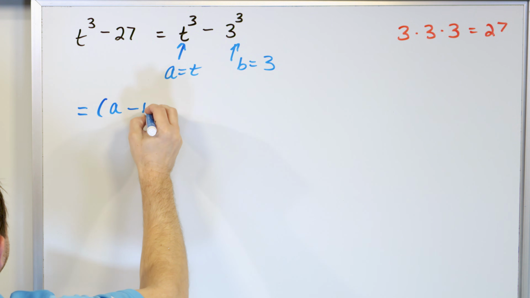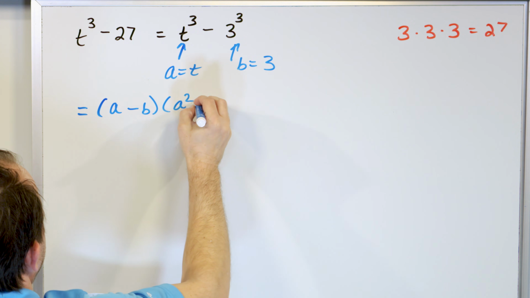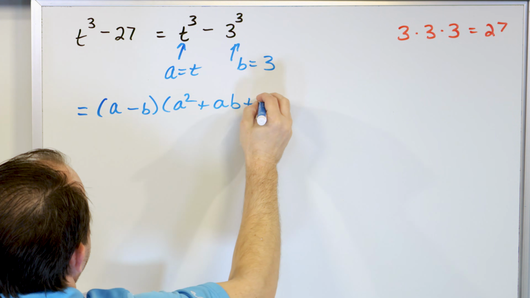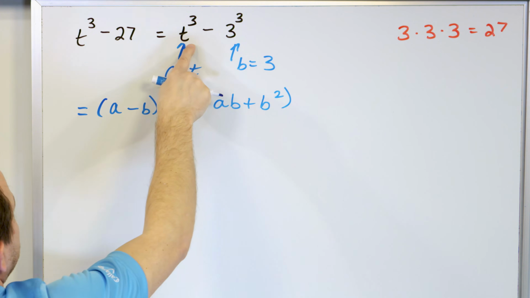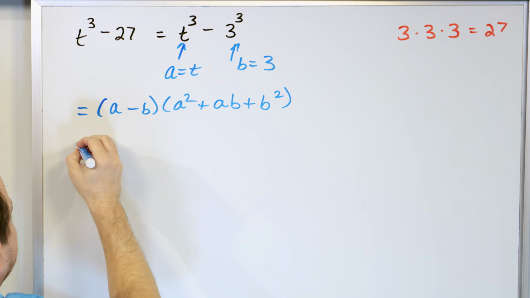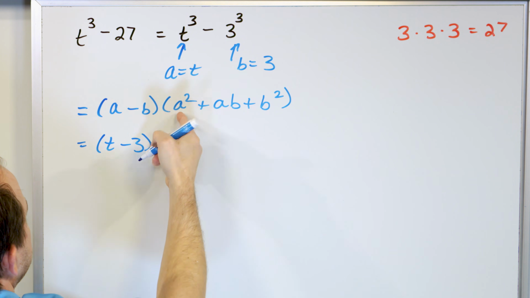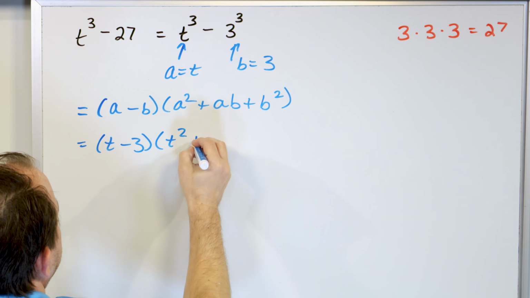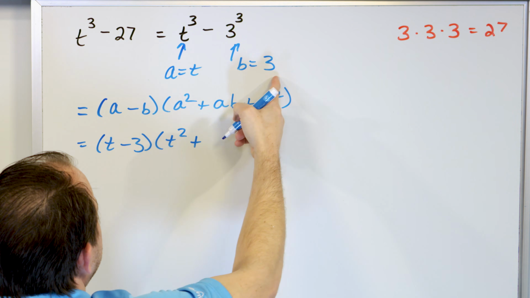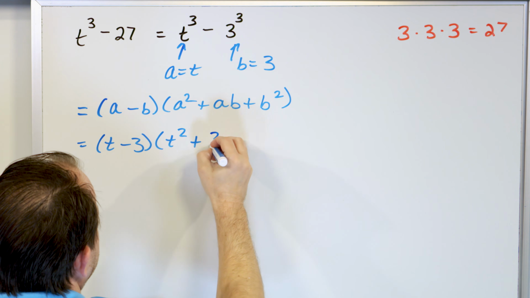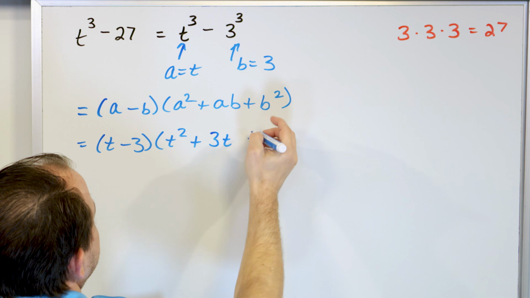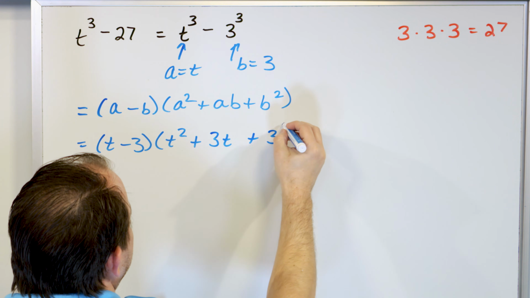It's a minus b, and then it's a squared plus ab plus b squared. Right? But we now know that a is t and b is 3, so we just stick it in there. So what we have is t minus 3, and then we have t squared plus ab, which means t times 3. So let's write it as 3t plus b squared, the last one squared here.